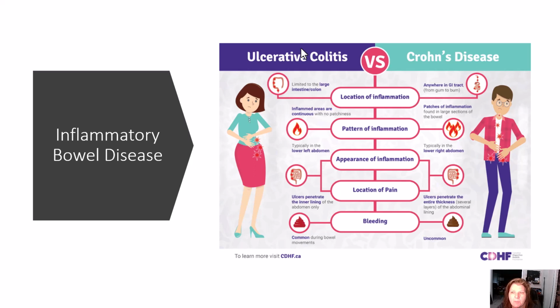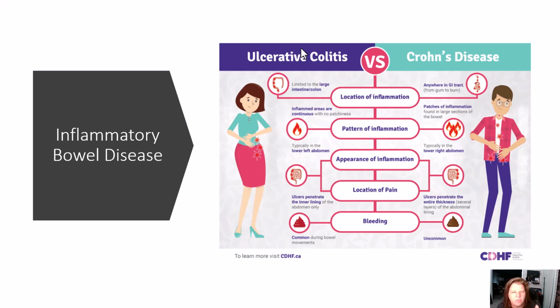is usually where we see it. The pattern of inflammation is also really interesting. Crohn's disease is a much deeper penetration into the small intestine. So when it goes further down, it actually causes this bumping that is more like a cobblestone appearance. And I'll show you a picture so you can see what it looks like.